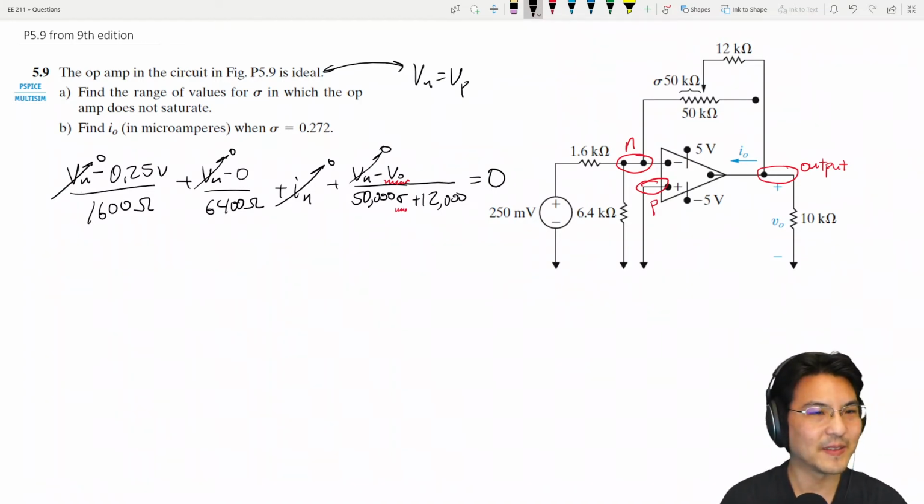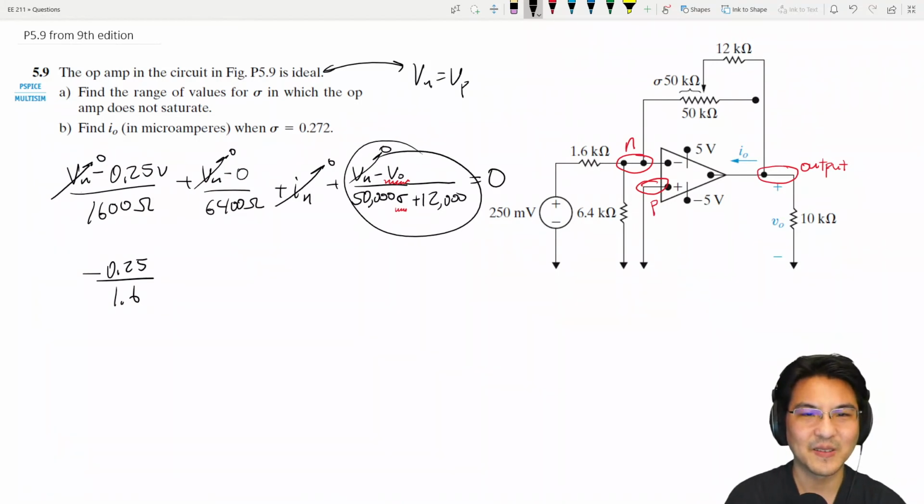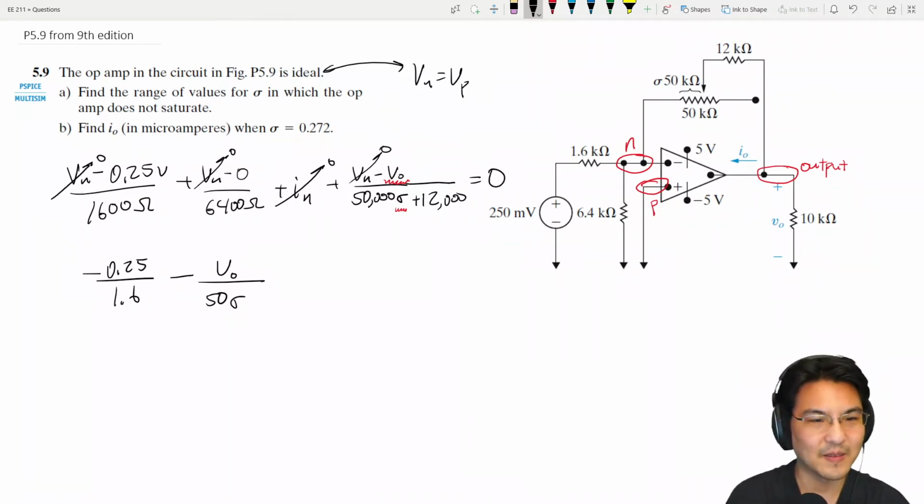Okay, let me just rewrite it. How about I multiply the entire equation by 1,000. So minus 0.25 over, I'll multiply this by 1,000, 1.6, plus 0 over whatever is 0. And then this would be minus Vout over 50 sigma plus 12 equals 0.